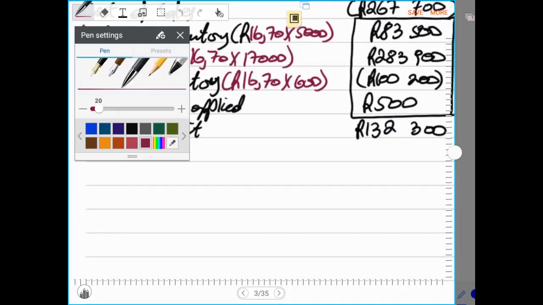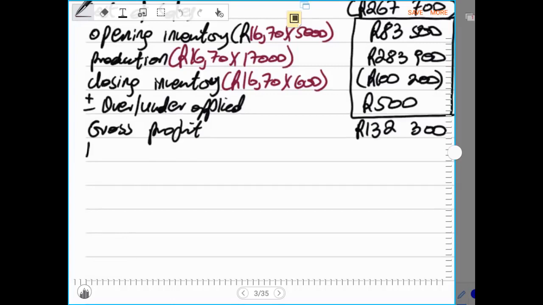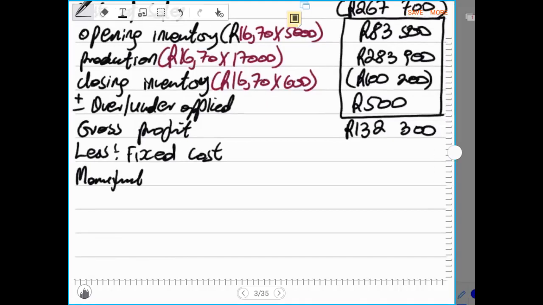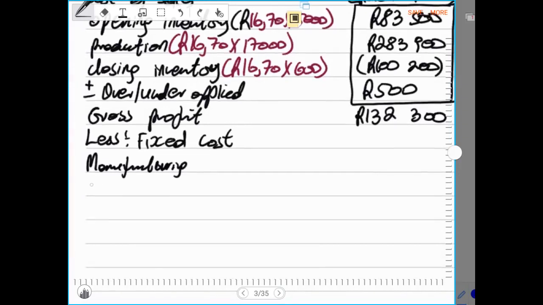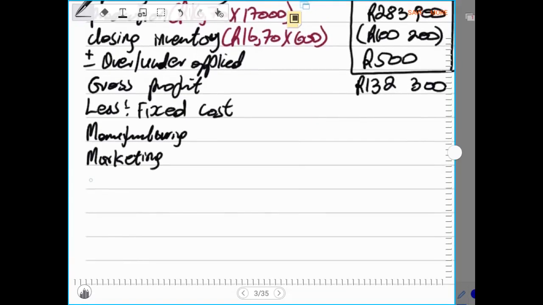We less all the fixed cost: manufacturing fixed cost. We also had marketing fixed cost. We also had administration fixed cost.